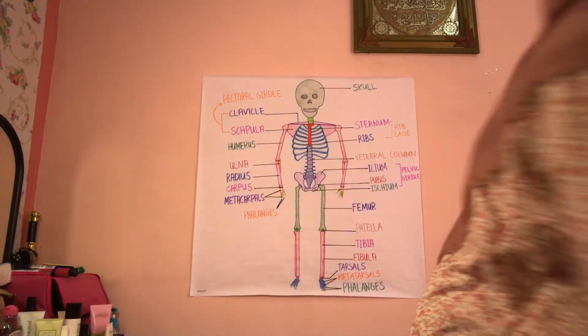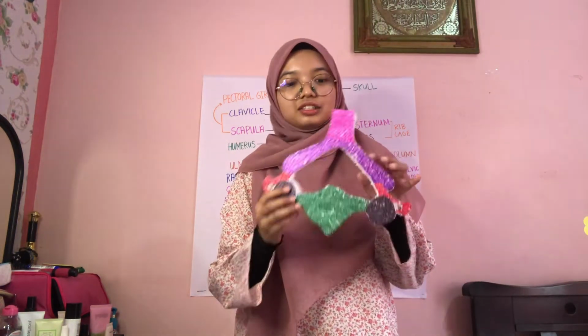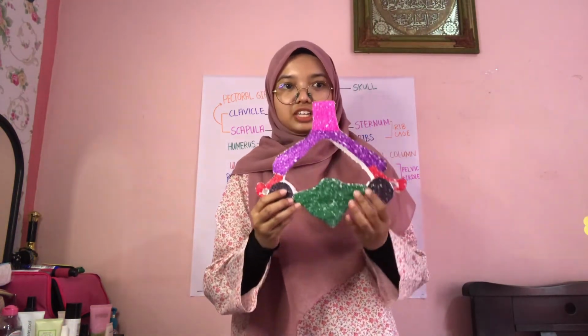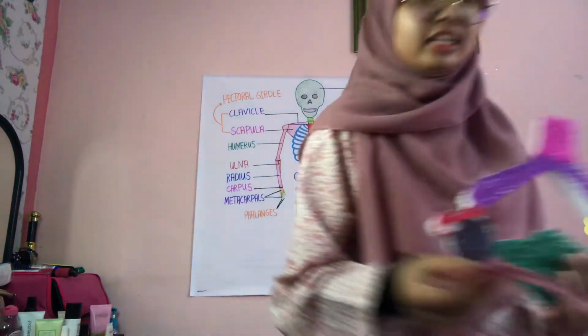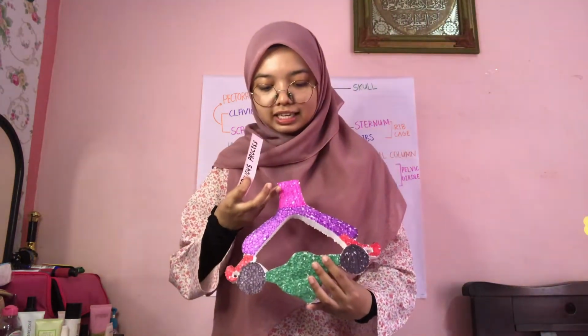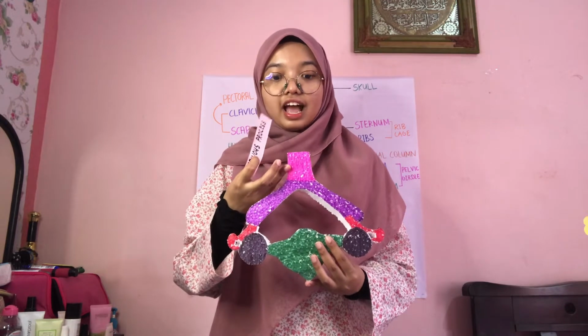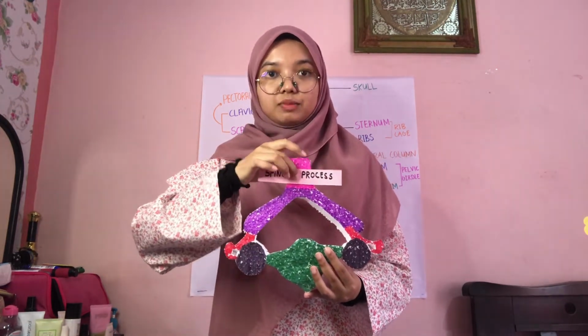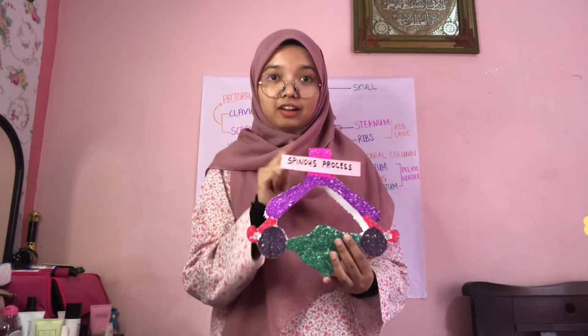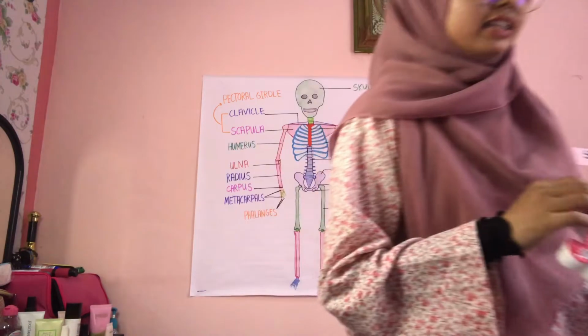Next, we move to the axis vertebra. We start with the spinous process. Can you see? The axis vertebra has a large spinous process. You must remember the axis vertebra has a large one, while the atlas has a small spinous process.